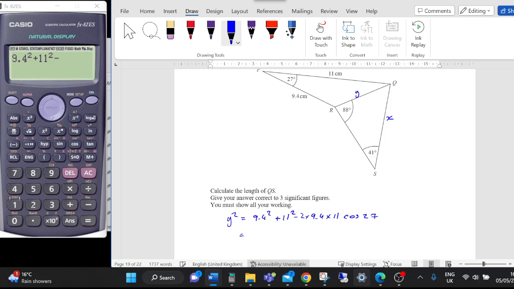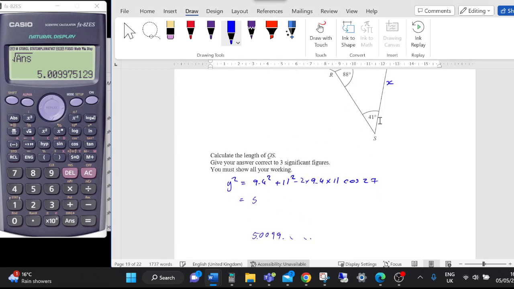Provided I've typed that in right, that should give me my value for that. I then need to square root that for my value for y, and that gives me 5.0099... So I'm going to leave it like that, and I'm going to apply the sine rule. Will that move up? No, it won't.